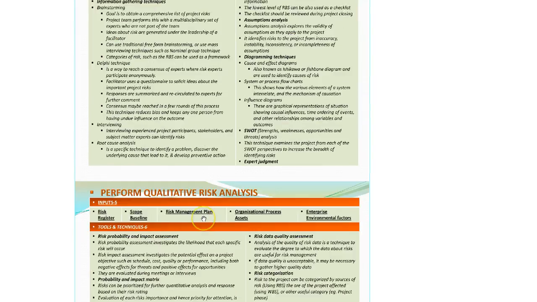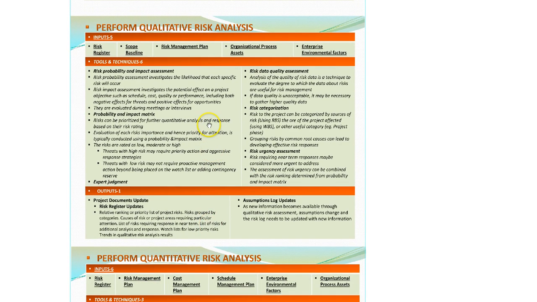Now let's go to perform qualitative risk analysis and perform quantitative risk analysis. Okay, now these are different types of risks that are associated with the project. So the probability and impact assessment is done in qualitative risk analysis, where pretty much you assign the level of risk that is there. If it's a low risk, it's a high risk, it's a medium risk.